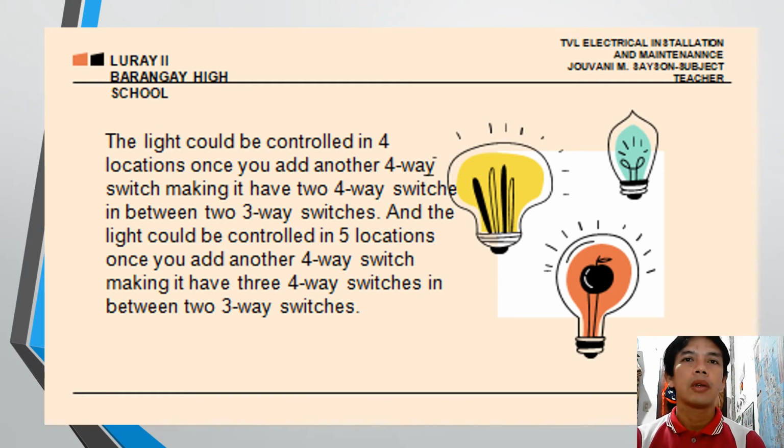So as long as you can afford to add more, though 4-way switches are expensive compared to 3-way and single pole. The 4-way switch I ordered online cost 800 plus, only one 4-way switch.